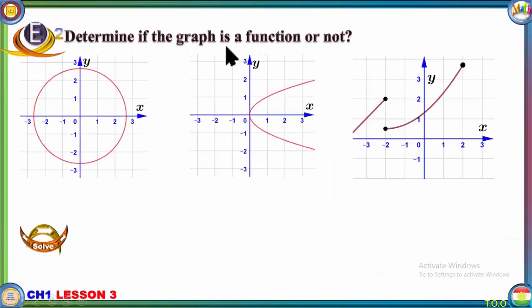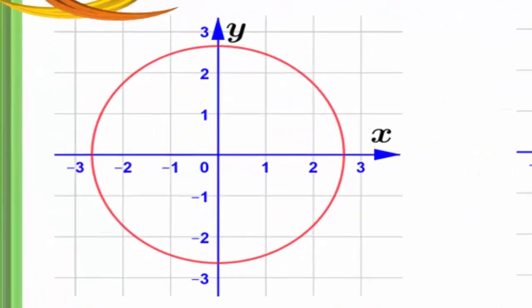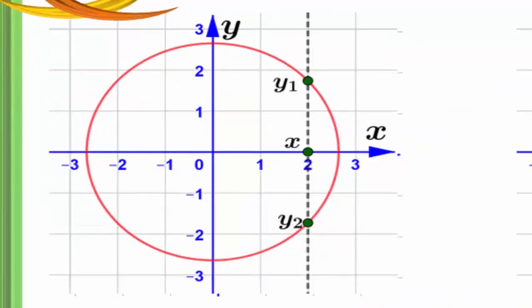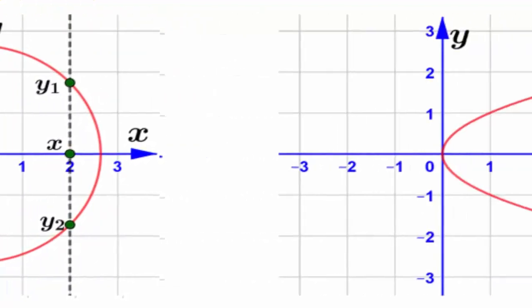Determine if the graph is a function or not. To know whether this is a graph of a function or not, draw the vertical line, and you can see that this vertical line cuts this graph in two places, y1 and y2. Therefore, this graph is not a graph of a function, only a relation.